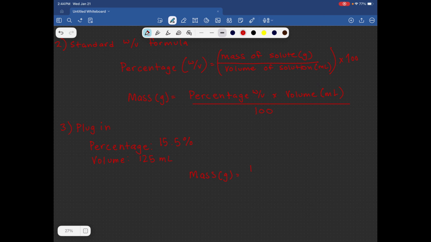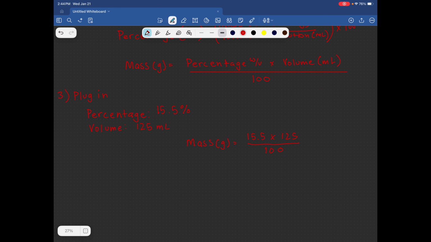So mass is equal to 15.5 times 125 over 100. And then we divide that by 100. And we end up with 19.375 grams.